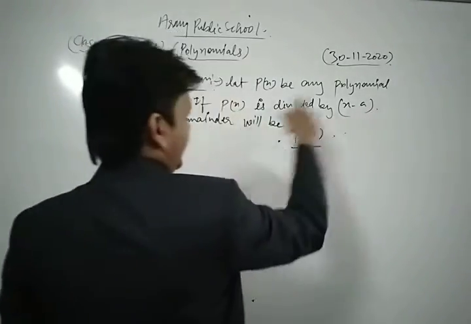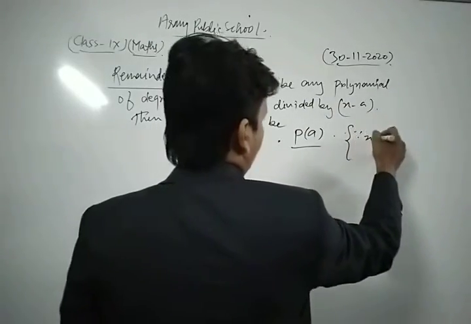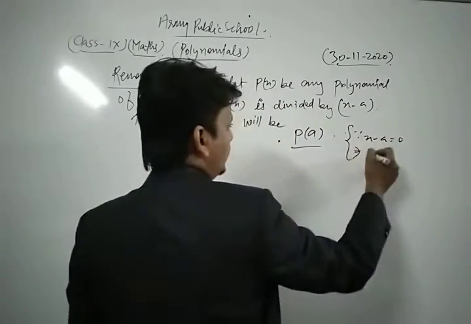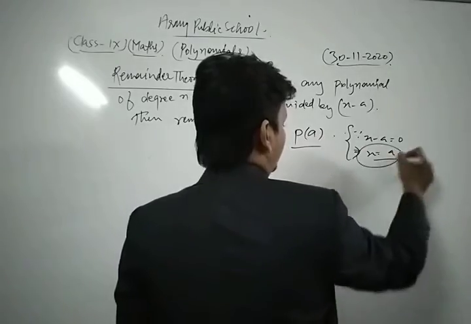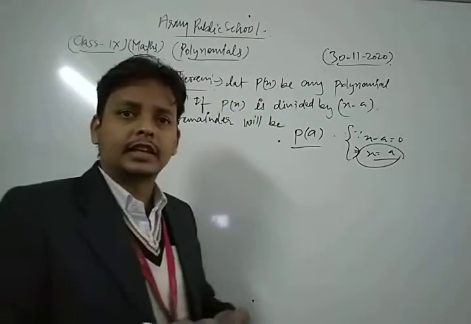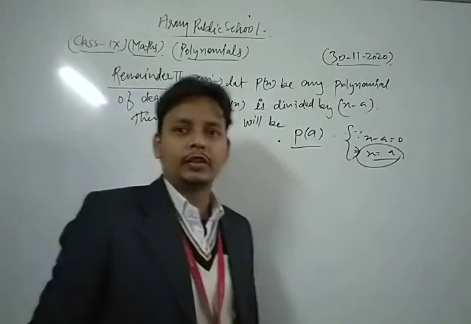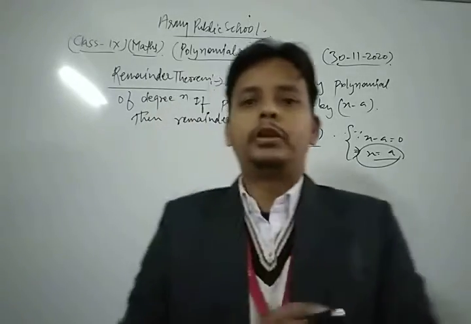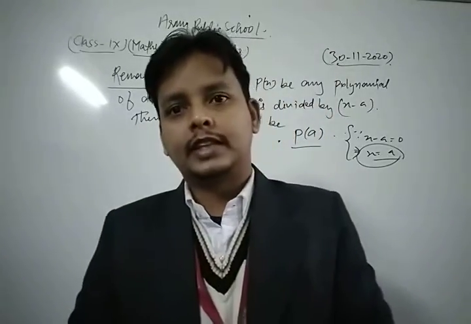We just replace x by a, by taking x minus a equal to 0, then x is equal to a. So after solving for the value P(a), we get the required answer as the remainder.